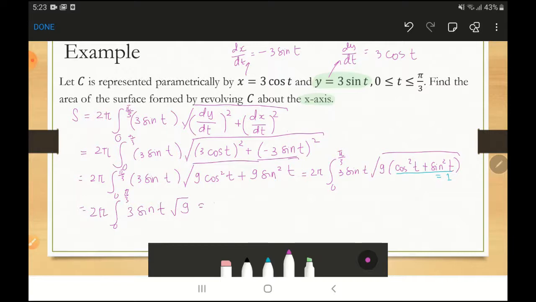So we have 2 pi times the integral of 9 sin t. I always forget the dt. Don't forget to write the dt.